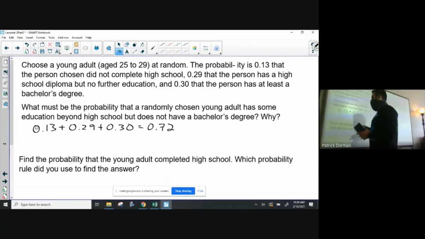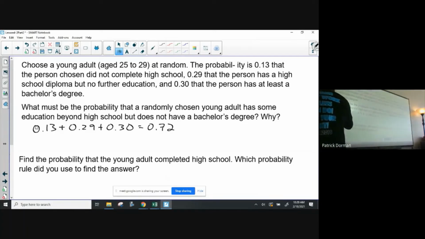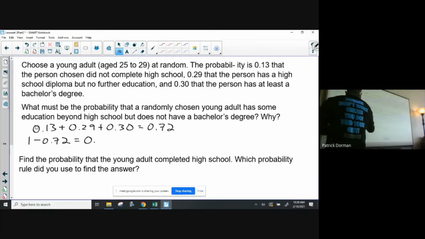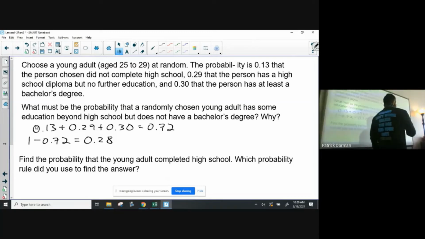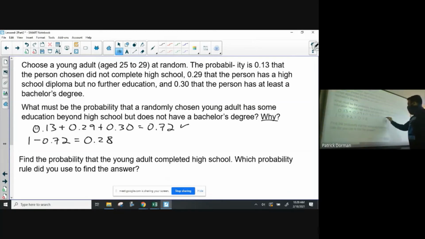So in order to find the missing one, we'll have to subtract from 1. So that will be 0.28. And if it's asking why, when I do this, I'm explaining why. Mathematics is an explanation. Have I answered the question? Yes. Cool.